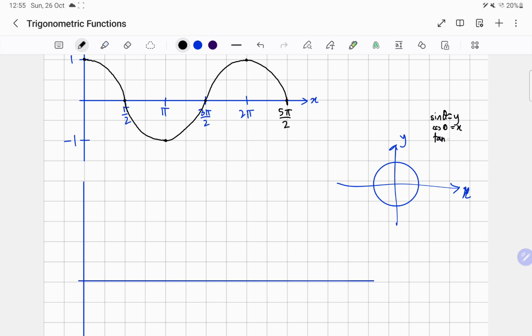For tangent theta, we take the y coordinate over the x coordinate, which is the gradient of the line. So if we have an angle theta, the gradient of this line equals tangent.